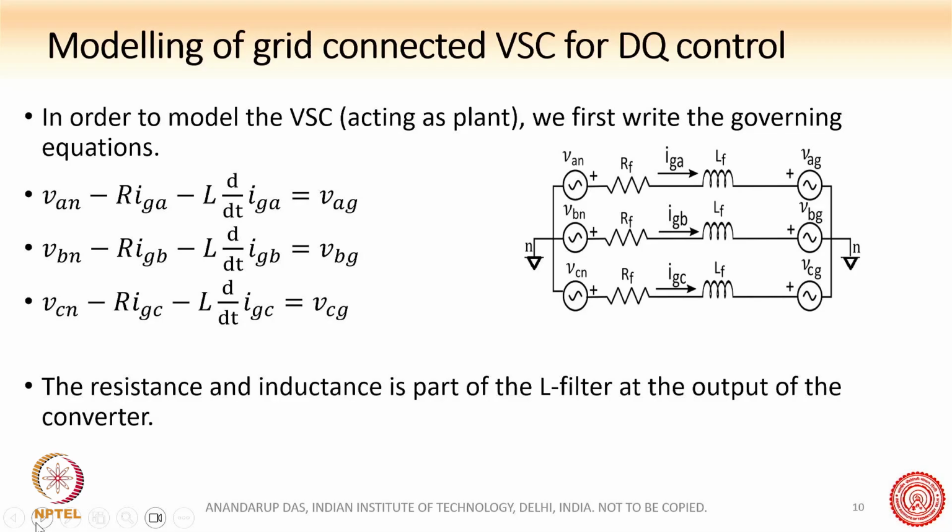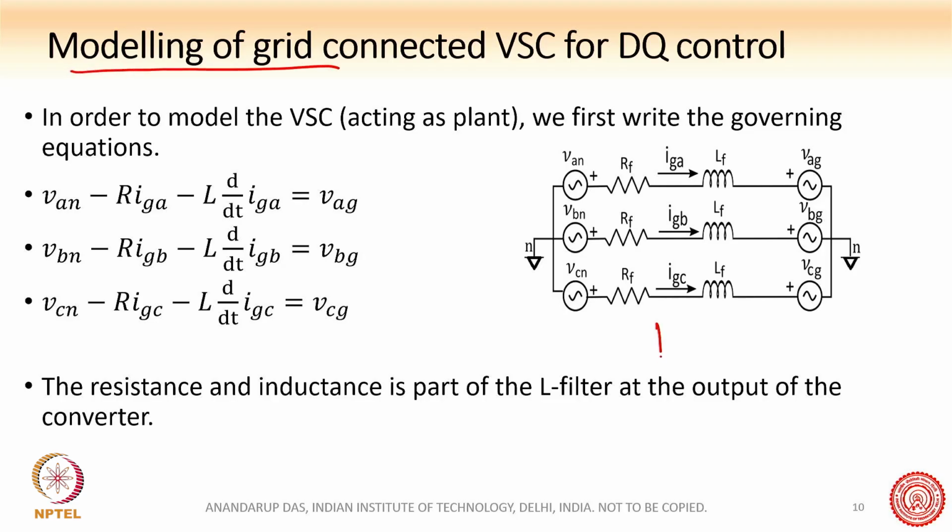Now the next step is that we now understand the overall control philosophy: three phase to DC we have to go, and then we have to do the back transformation and all that. Before we do anything, the first step of this analysis is to model the plant.